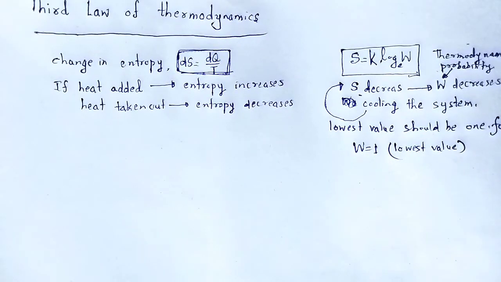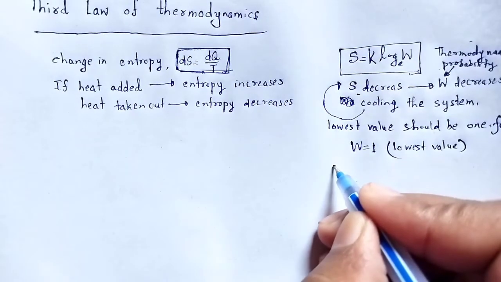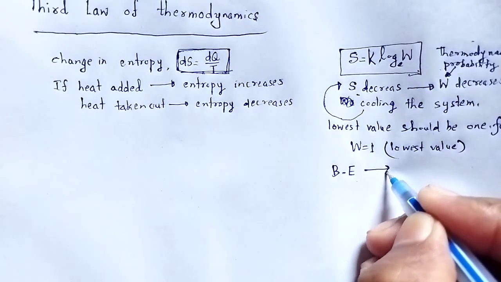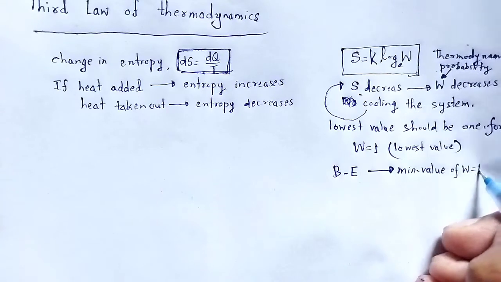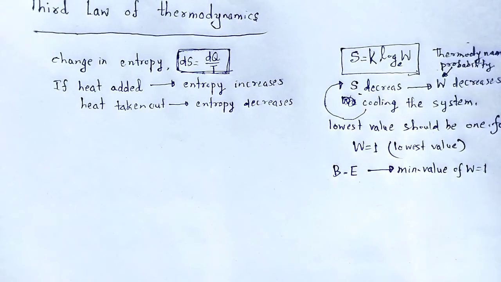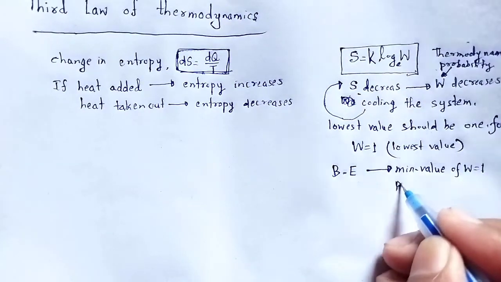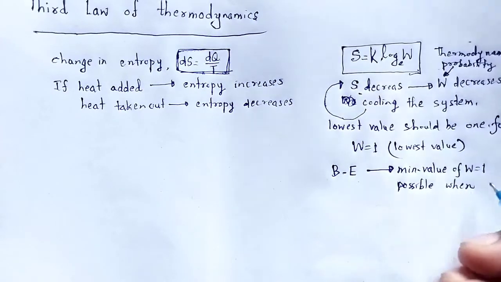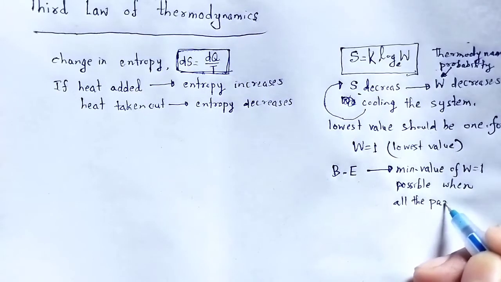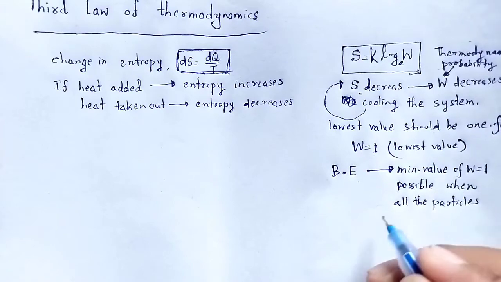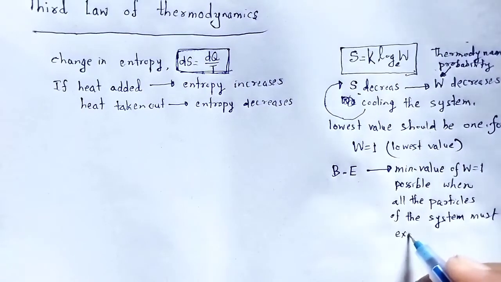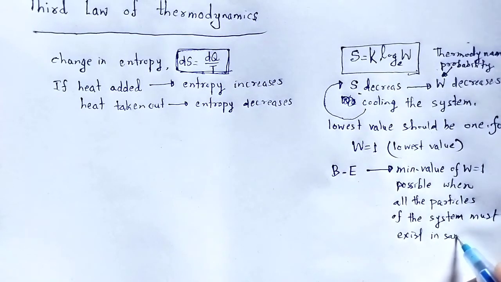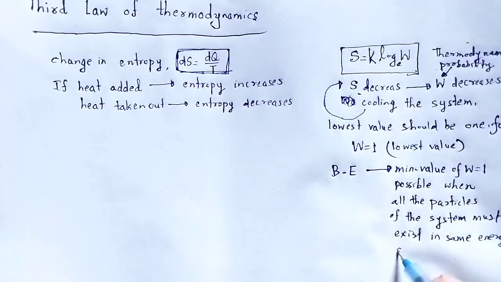In case of Bose-Einstein statistics, the minimum value of W equal to 1 is possible only when all the particles of the system exist in the same energy state.